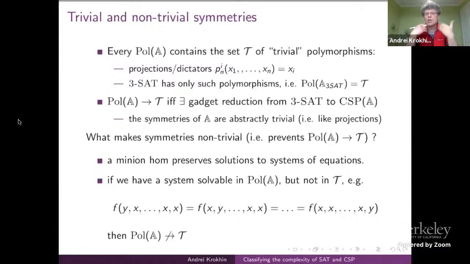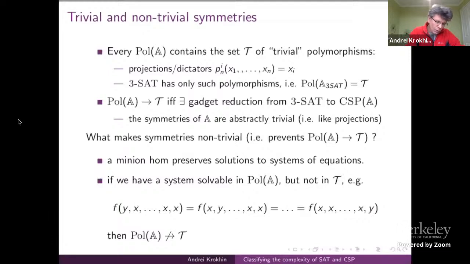So this is an equation where the variable is f. It's the unknown. It's a system of equations which you want to solve in your set of functions. Either you have in your set of functions a function f satisfying this, or you don't.